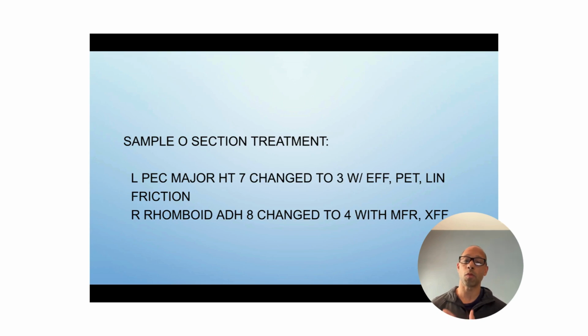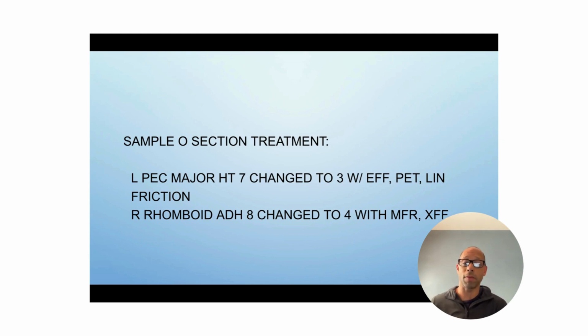So we were working on the left side pec major, and when we started, they were at a level 7 out of 10 with their tissue and the pain or discomfort, and we changed it to a 3 out of 10 with effleurage and petrissage and linear friction. And we may also talk about the rhomboid.